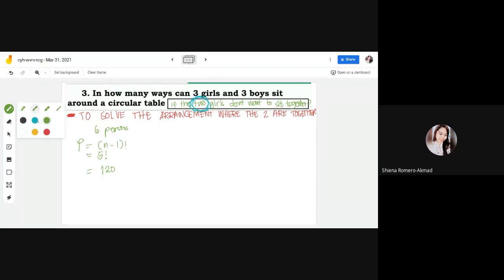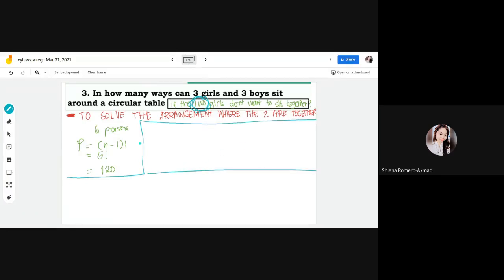So, to do that, yung magkatabi sila is, remember that we consider them as 1. Yung dalawa as 1. So, instead of 6, we only have 5. So, that's 5 minus 1 factorial. So, 4 factorial, which is 24.